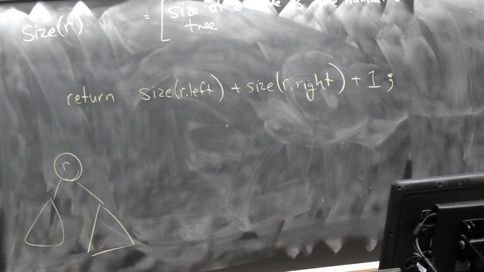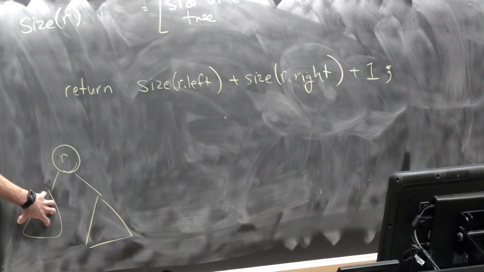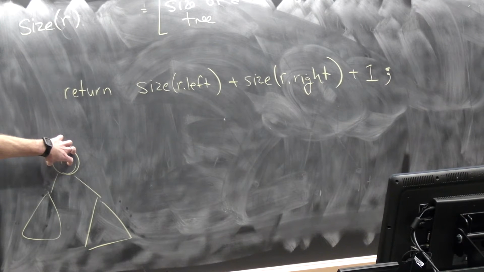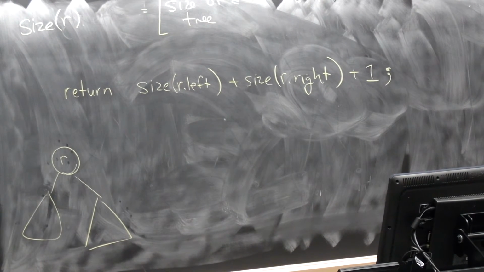Right? The size of this thing is number of nodes in this tree plus the number of nodes in this tree plus this extra node R that we're looking at now. Is that the whole thing?